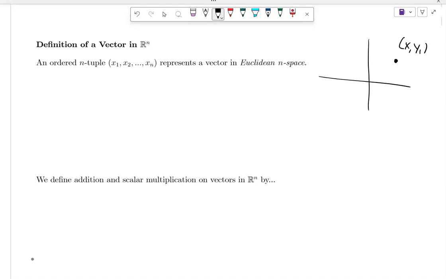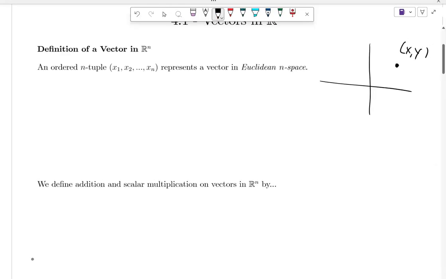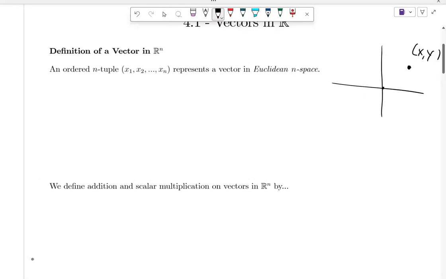Now, if you've had physics or Calc 3, you've talked about how this point can also help you define what we mean by a vector, right? Usually if a vector is in standard position, it starts at the origin and then you draw an arrow that goes out to that point, correct?